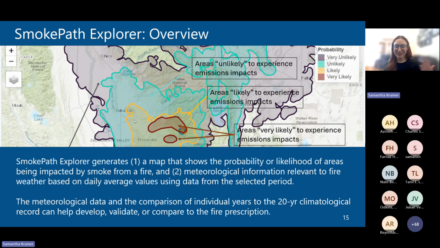We run that repetitively, and we compile all the HYSPLIT trajectories that come out, so all the possible pathways that air could have taken over the last 20 years. Those are then aggregated together to create a probability. I'm not sure if that was what the question was asking, but I'm hoping that clarified a little bit.